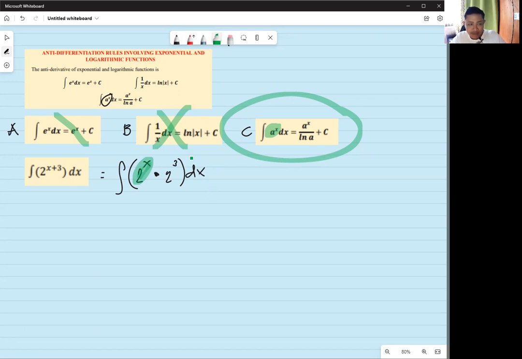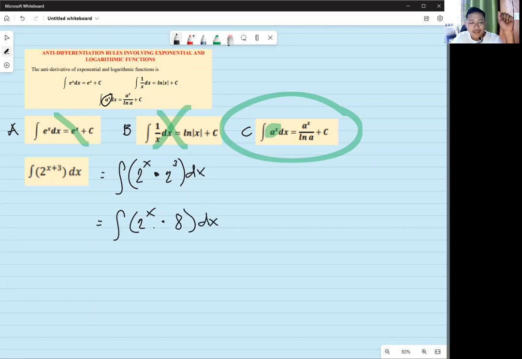I hope you already noticed that. But what about this, sir? How will we treat this? We treat it just like the other basic rules for anti-differentiation. Let's simplify it further para mas lumiwanag siya. So this will become the integral of 2 raised to x times 8, kasi 2 times 2 times 2, that's 8, dx.